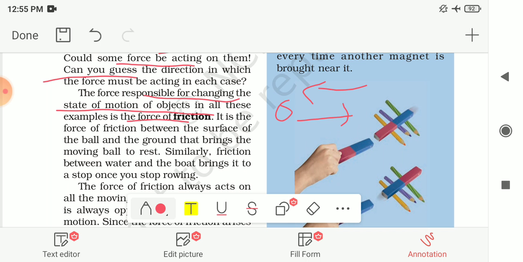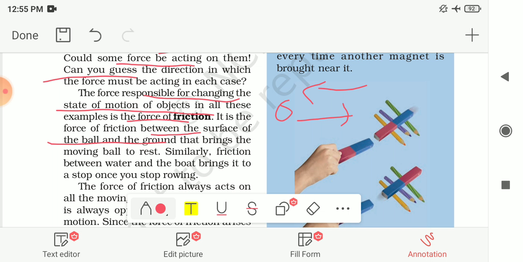The force which is acting in each of these examples is known as the force of friction, or you can say frictional force. And it is the force of friction between the surface of the ball and the ground that brings the moving ball to rest. This friction force is acting between the surface of the object which we are considering and the ground.